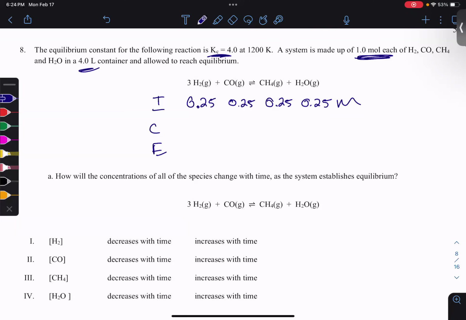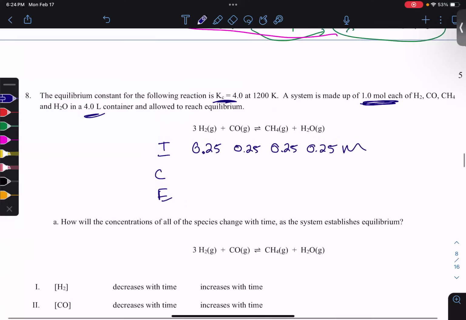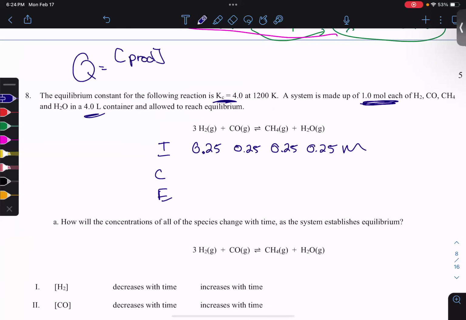But in this question, everything's kind of equal. So this is where the reaction quotient, Q, is very important. Q is also products over reactants, but the only difference is that these are not at equilibrium conditions. And so when we compare the magnitude of Q to the magnitude of K, we can predict which way a reaction has to shift to achieve equilibrium.